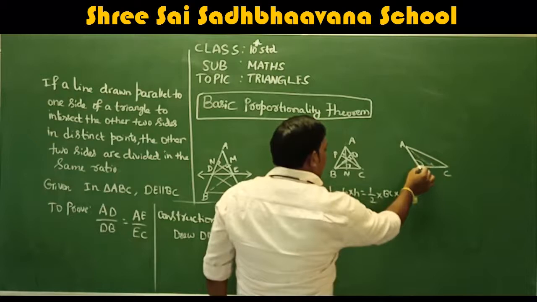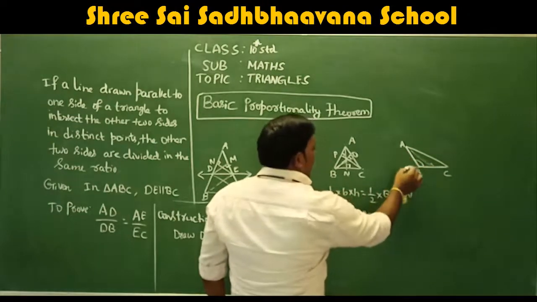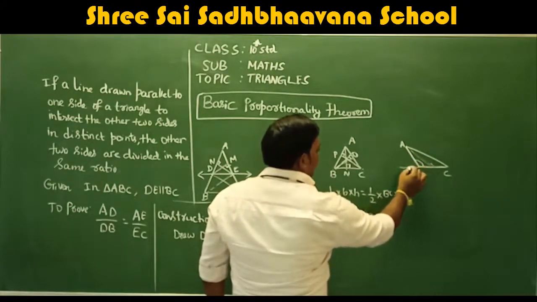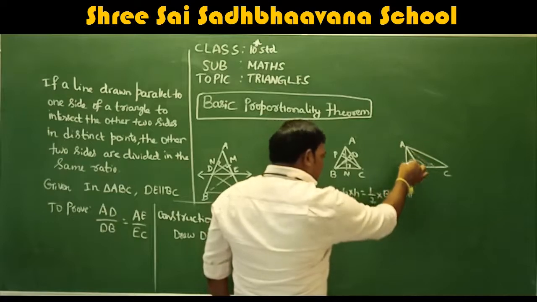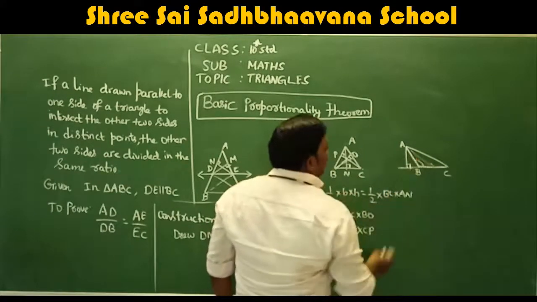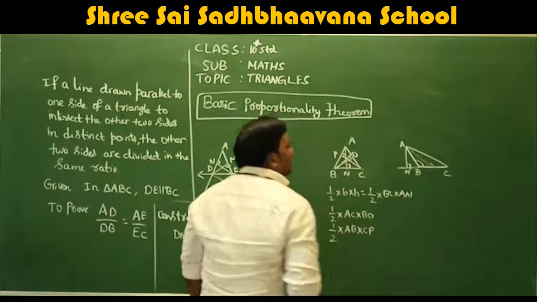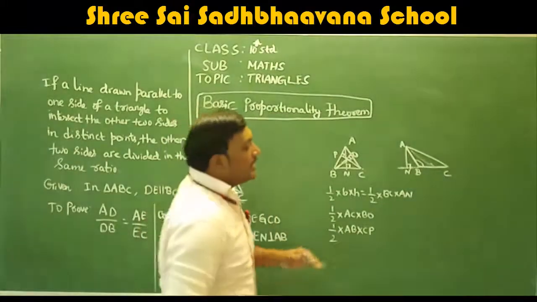So I should extend BC. I extended the BC side, and I drew a perpendicular on the extended line of BC. I'll take it as AN.